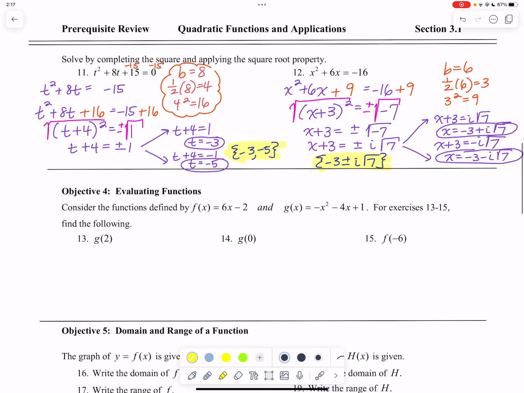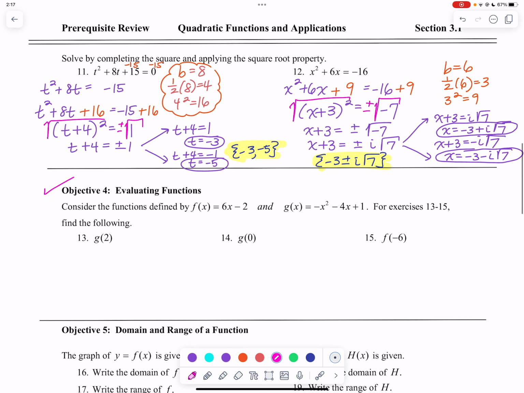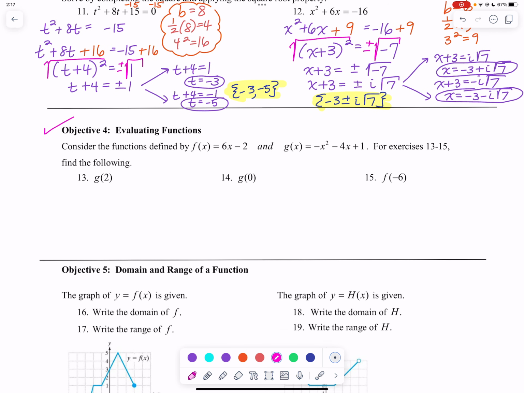Now let's go ahead and have some practice with evaluating functions. So this is quite a nice review. Here we are going to go to the g function, and everywhere there is an x, we are going to write a 2.